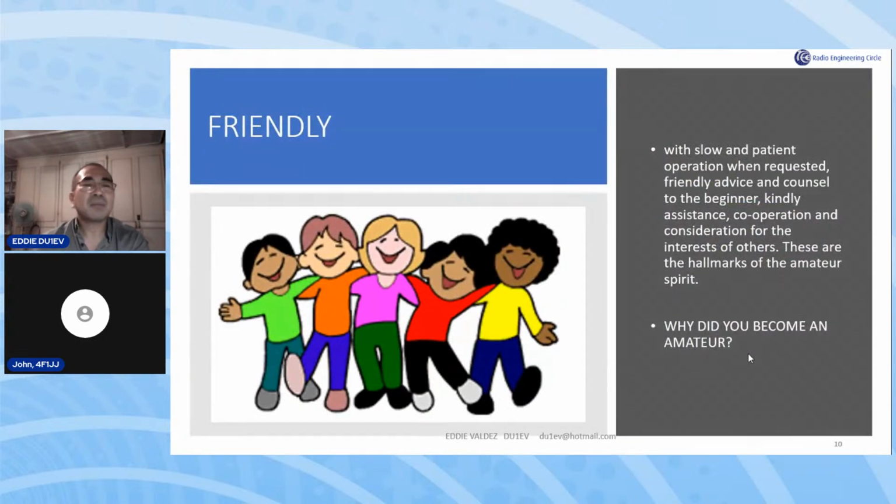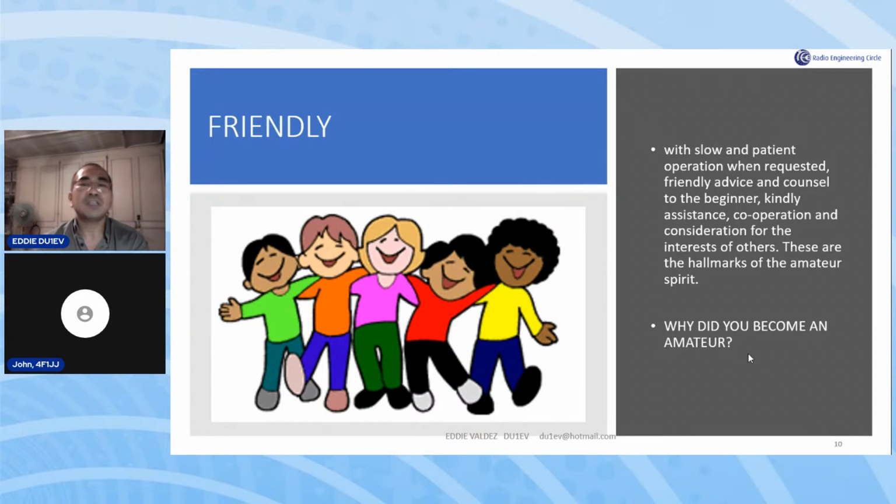All right. An amateur is friendly with slow and patient operation when requested. Of course, Seagull composed this amateur code in 1928, as we have learned, and CW was the only mode back then, right? Slow and patient operation. Ibig sabihin, mabagal yung CW pagka mabagal yung Morse code na pinapadala.